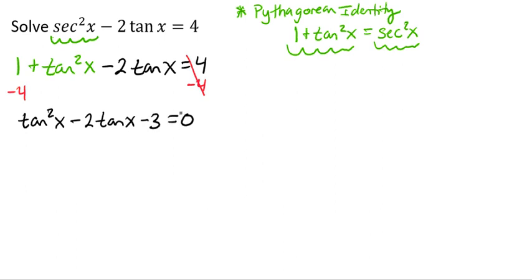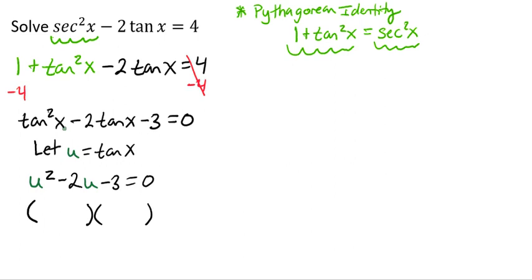Now from here we can see that it's in a quadratic form. So we can let u equal the tangent of x. So now rewriting this, we see that we have u squared minus 2 times u minus 3 equals 0. And this is something that we can factor.